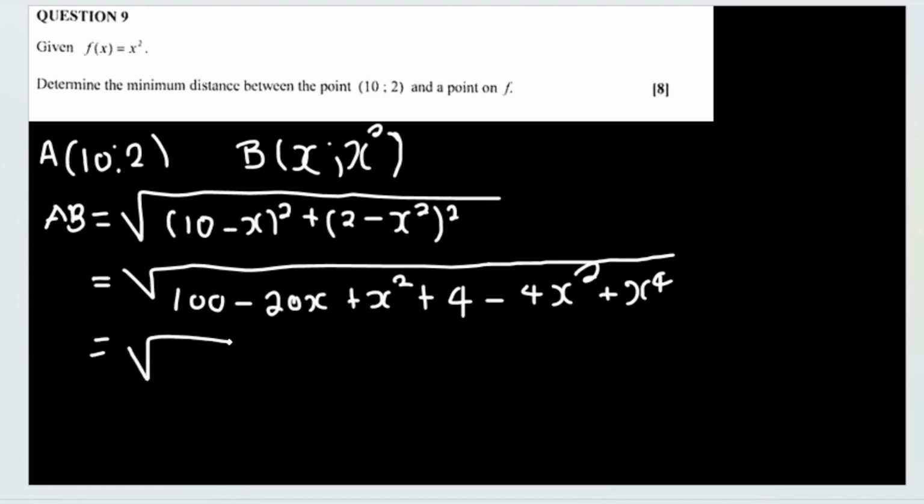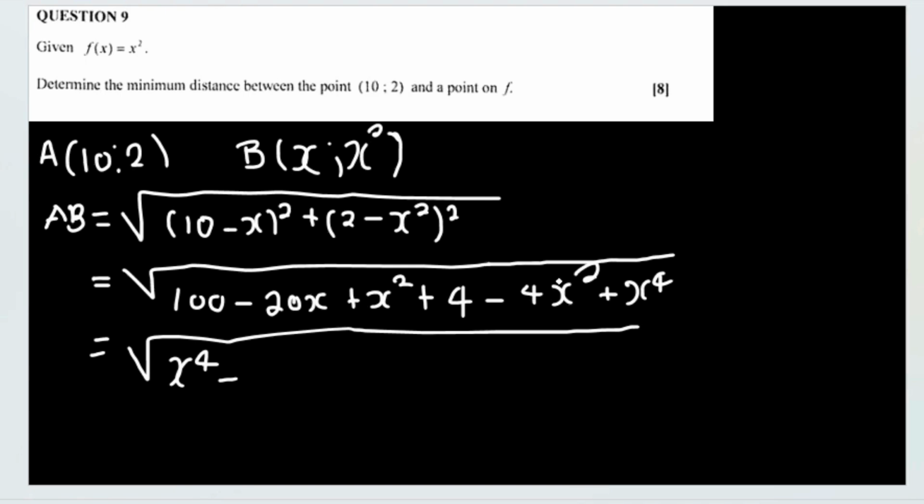Then I rearrange this into the order of the highest variable exponent, which is x to the power of 4, then the variable with the next higher degree.